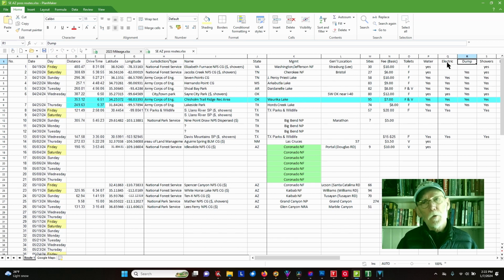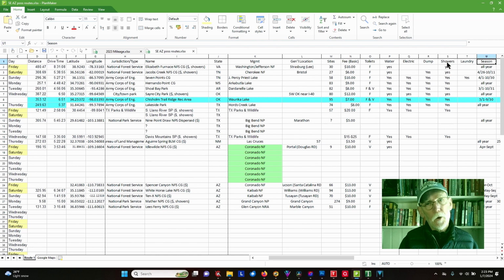But if there's a dump station, we use that, and it gives us a chance to rinse it out and refill our fresh water. So it's nice to know if there is a dump station there or not. The next is showers. Showers are not a deal breaker if they're not there, but it's always nice to have them available.